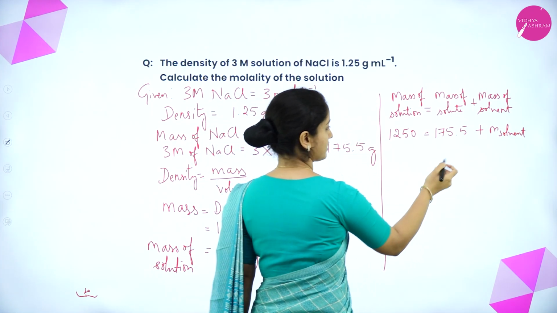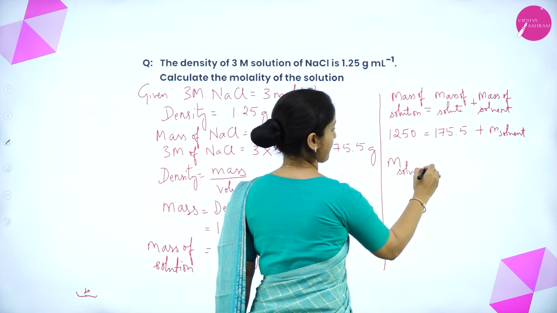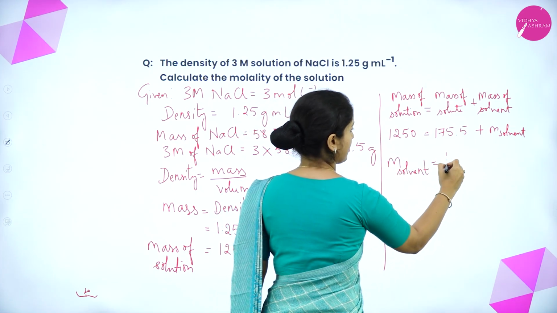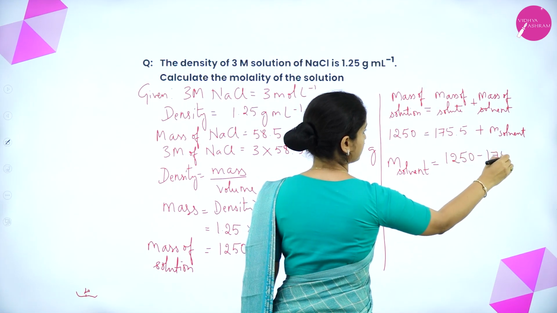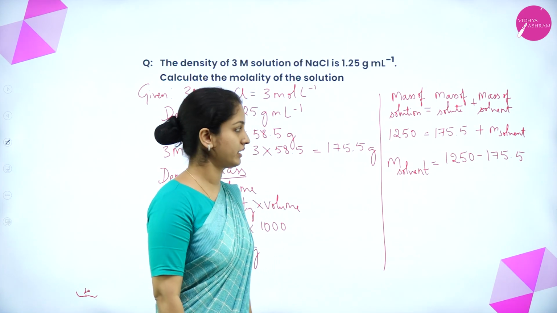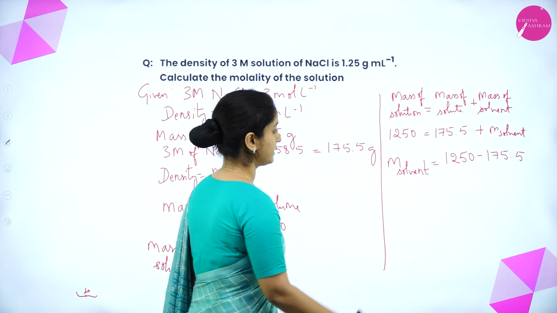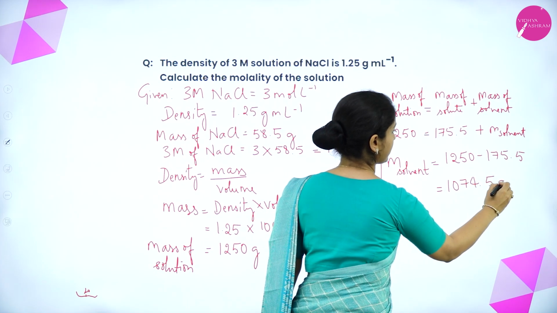On shifting it on the left side, 1250 minus 175.5 grams. On subtracting, we get 1074.5 grams.